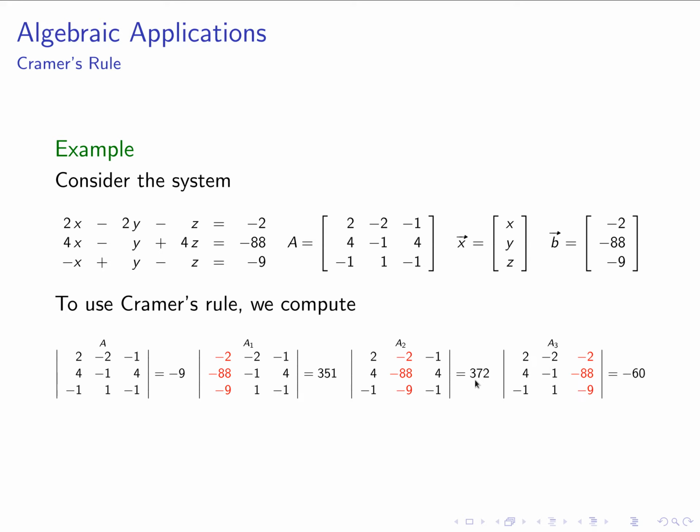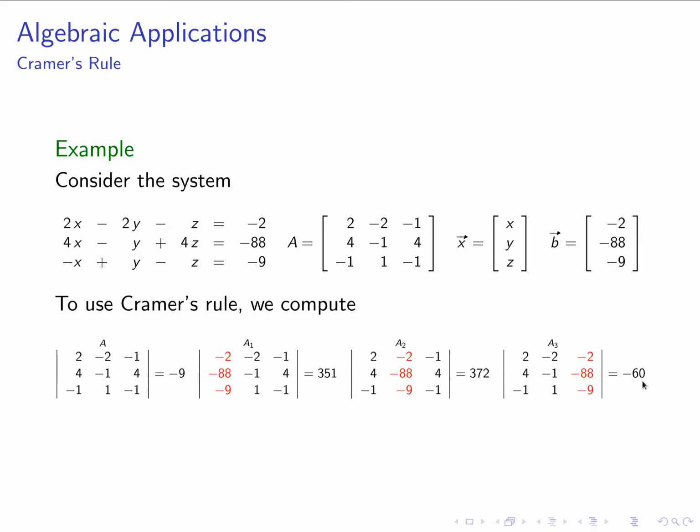Finally, for the third new matrix, we rip out the third column of the original A and then replace it with the vector B we're working with. And then we take a determinant of what's left over, and when we do that calculation, we get the number negative 60.